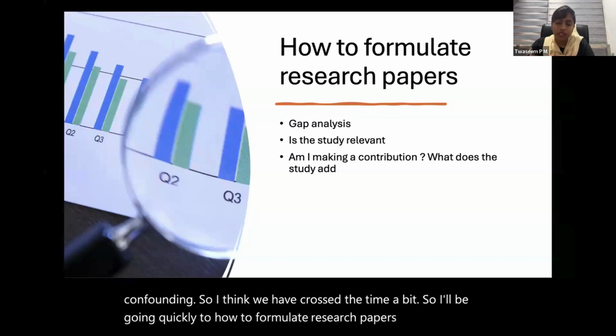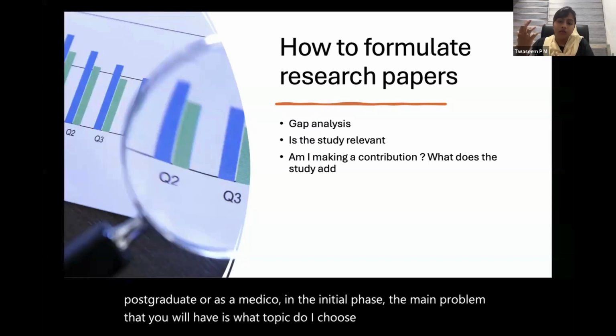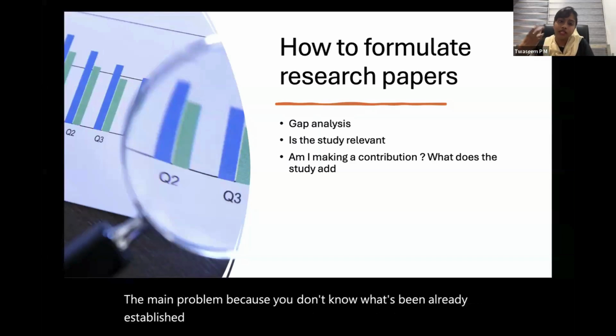So as a postgraduate or as a medico, in the initial phase, the main problem that you will have is what topic do I choose? Because you don't know what's been already established, what things already have a lot of evidence and what don't.